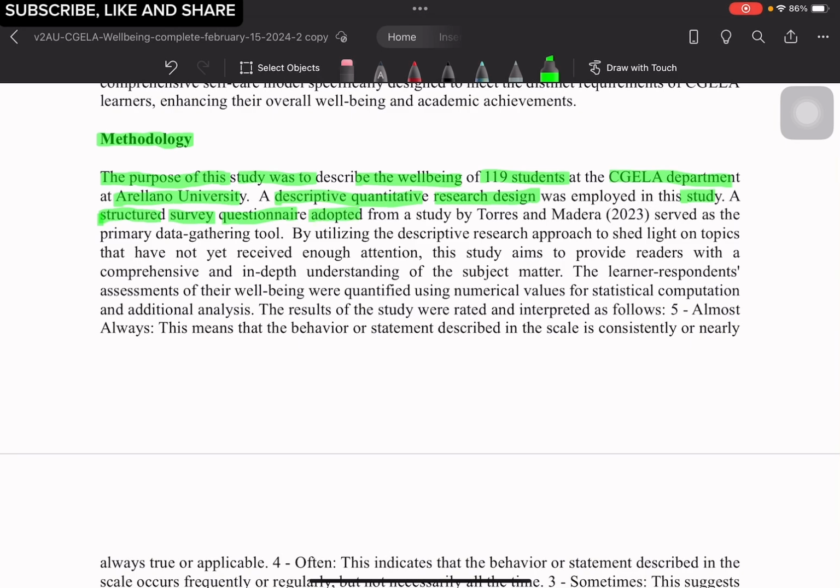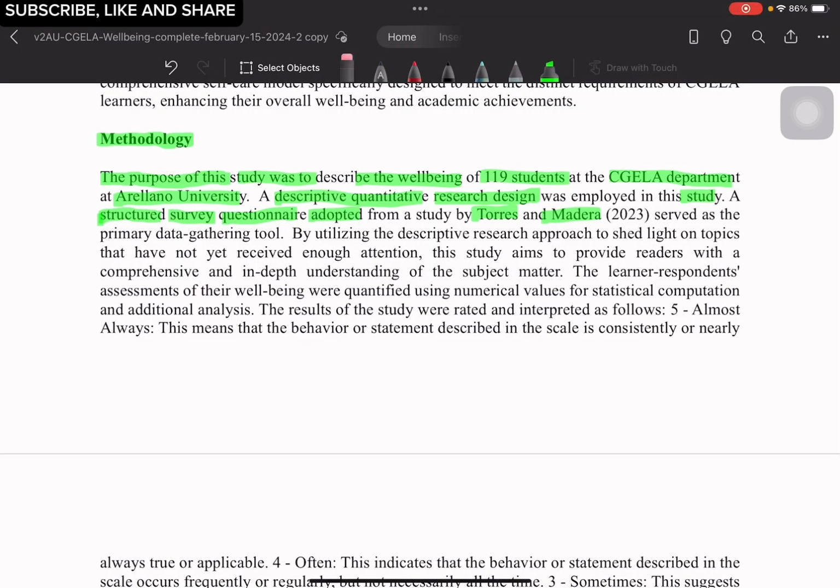In this case, this tool is a standardized instrument created and developed by Torres and Madera. The protocol in using a standardized tool created and developed by other researchers is that you have to ask permission. So in this case, the proper permission or request to use the instrument was accomplished.